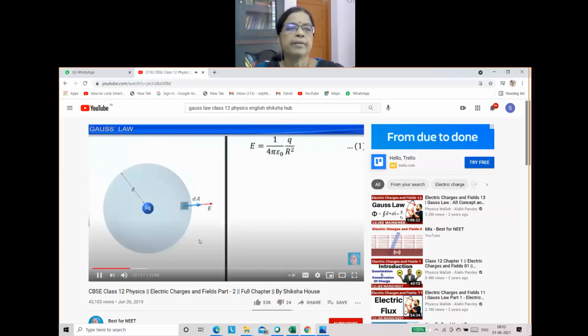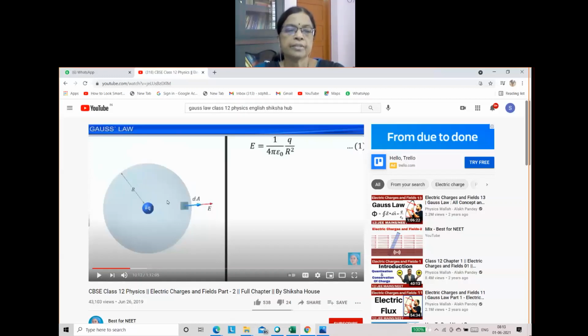See, here first a charge is considered, and we know electric lines of force pass from this charge, and we have considered a sphere of radius r. That sphere is known as a Gaussian sphere, a Gaussian surface. For a point charge, we consider a sphere around it at a distance r.